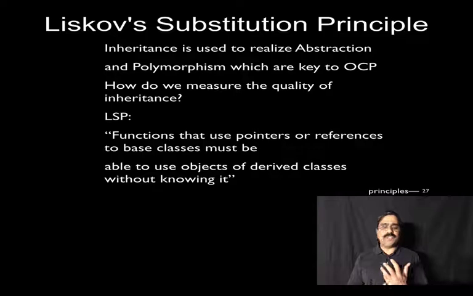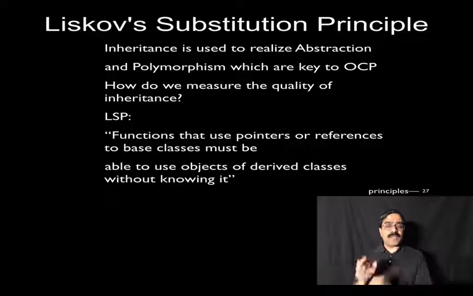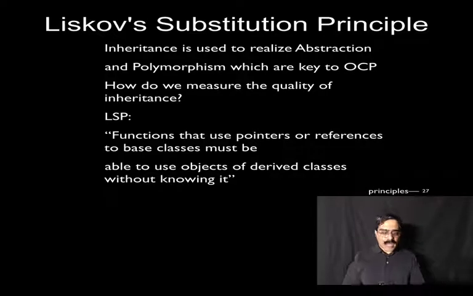So when a function is using a pointer or a reference to an object of a base class, it must be able to access that object through that reference or pointer without knowing whether the object it's referring to is an object of the base or one of the derived classes. In other words, functions that use pointers or references to a base class must be able to use the objects of the derived class without knowing that it's actually using an object of a derived class.